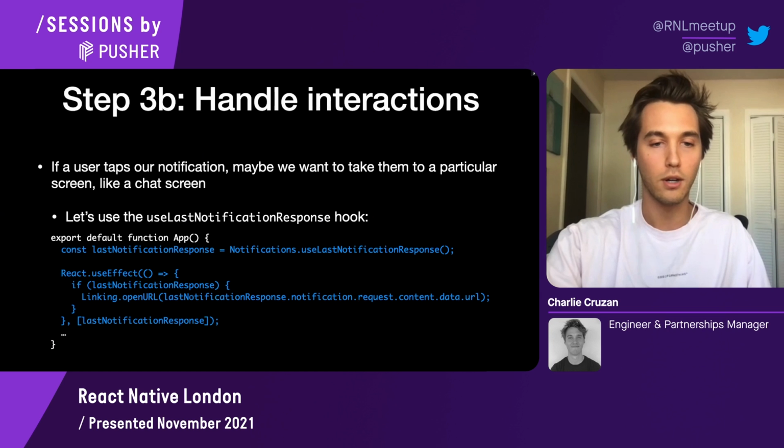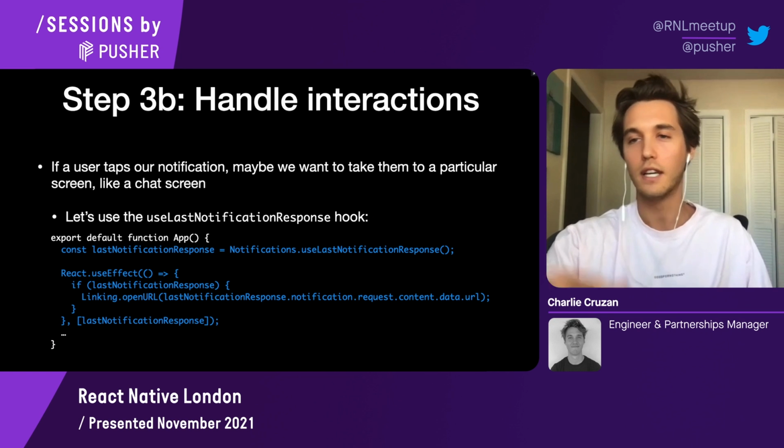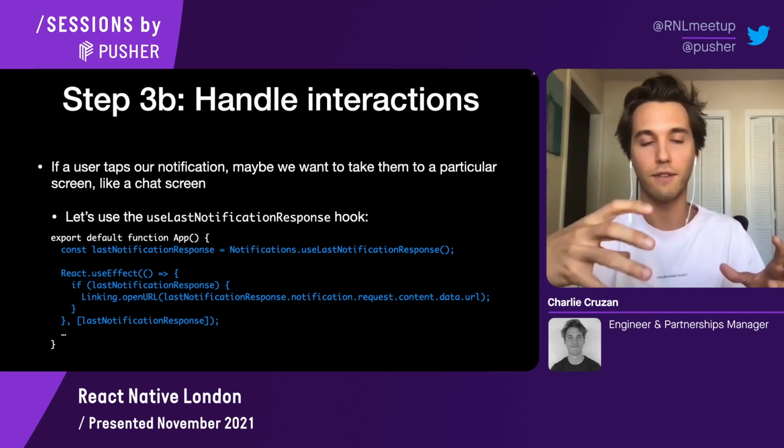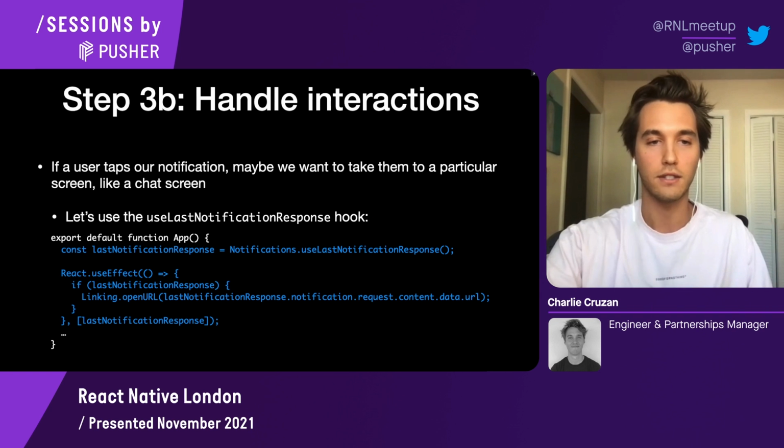So some example code, we have our root component here, we'll call our hook, and if the value is not null, we know that the user has tapped or interacted with our notification in some way. And if that's the case, we just use the linking API to navigate directly to a screen, whatever one is defined inside of our notification data, since in each notification, you can add arbitrary JSON data objects too.